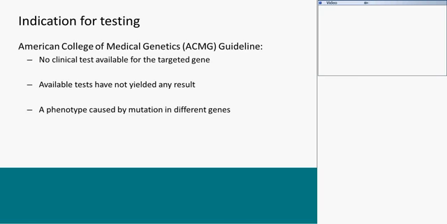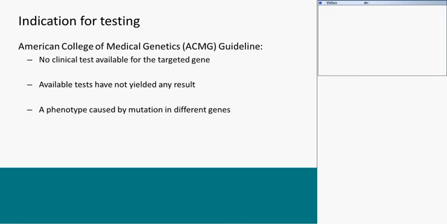He tries to see whether or not they have done any genetic testing, and it says there is a research study, they have found a gene, and this patient has a change or a mutation in a certain gene. Then he tries to find out whether or not there is a clinical test available for this gene.